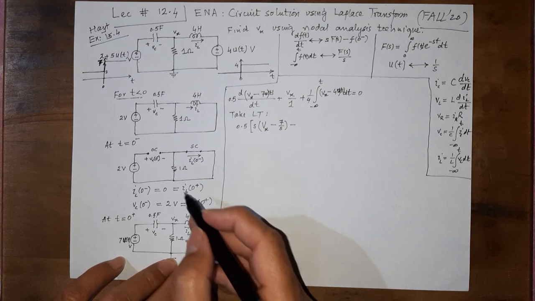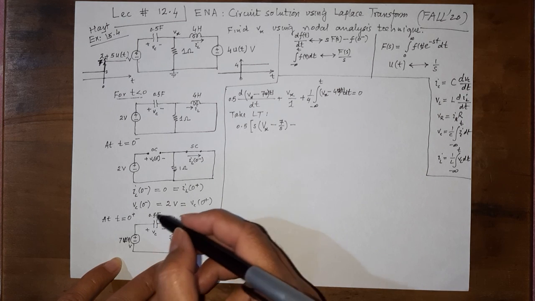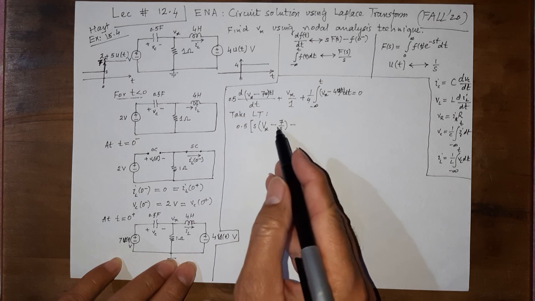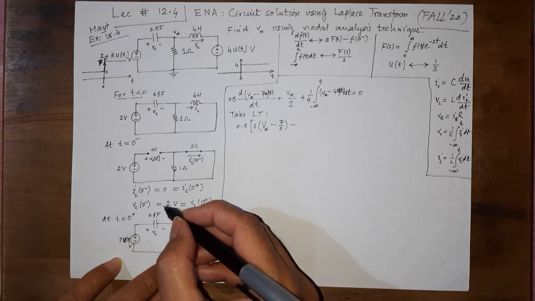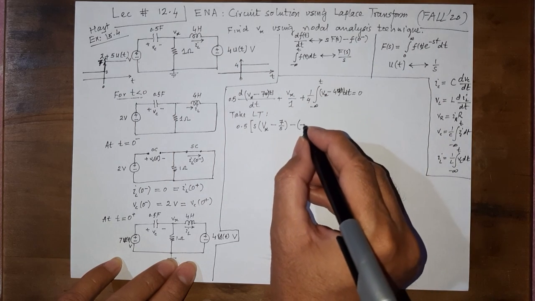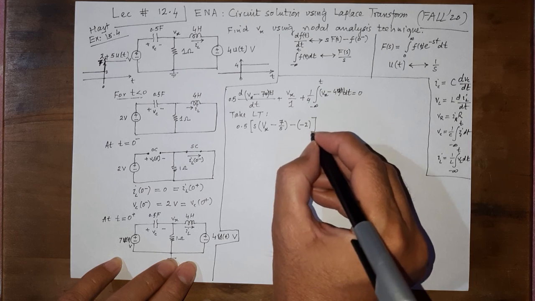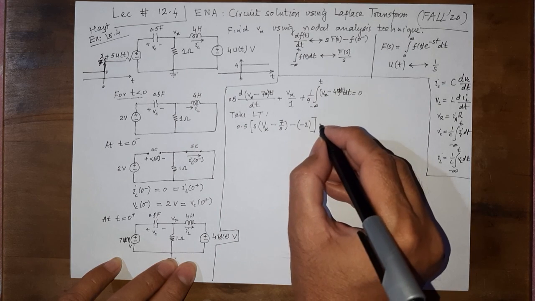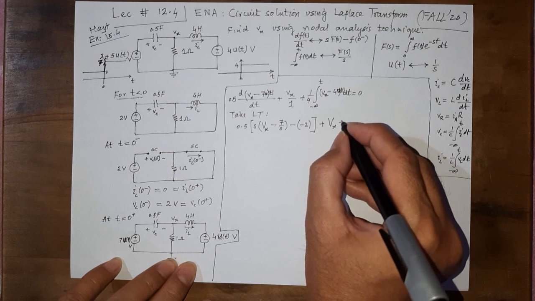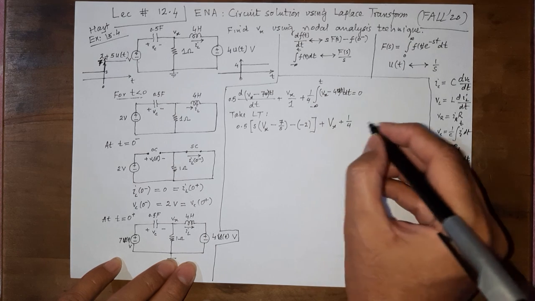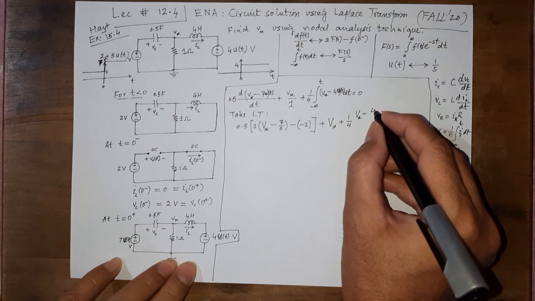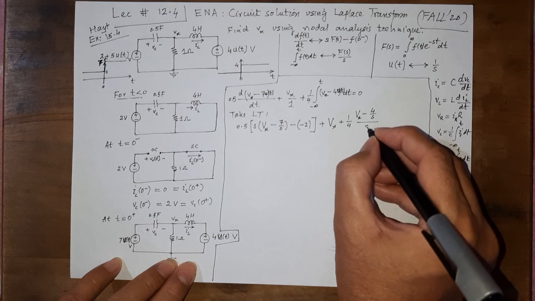minus, now Vx minus 7 is in the opposite polarity of this Vc. So what is the initial value of this thing? It is minus 2. So minus is from the formula, and this minus 2 is from the value. So this is what we get here, plus the Laplace transform of Vx, capital Vx, plus the Laplace transform of the integral of this thing. It is simply capital Vx minus 4 by s over s from this.